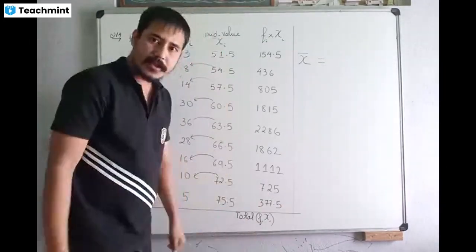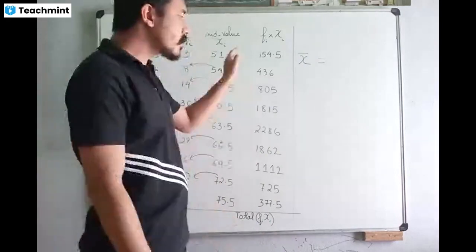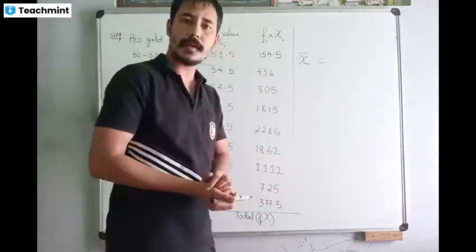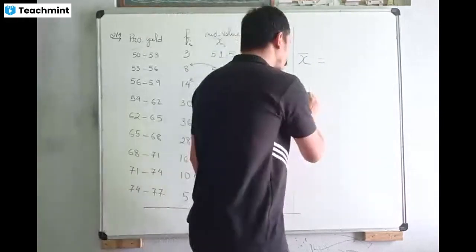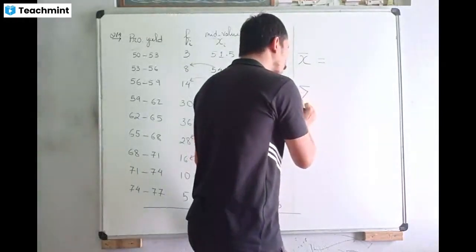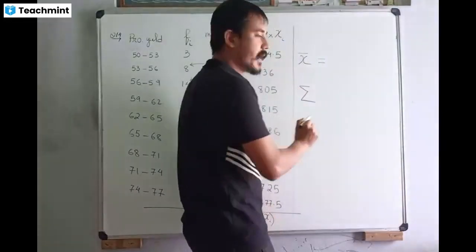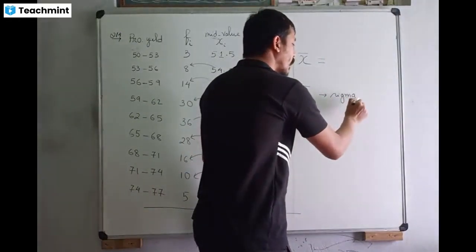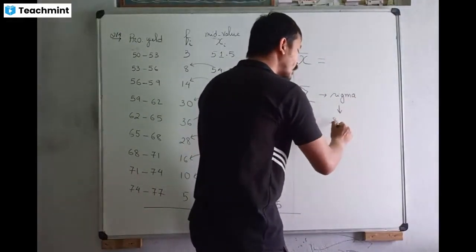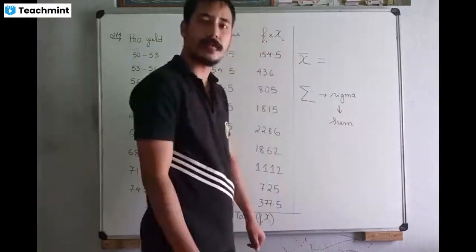In mathematics, this total can also be replaced by a special Greek symbol. We call this symbol sigma, and we use it for denoting the sum of values.